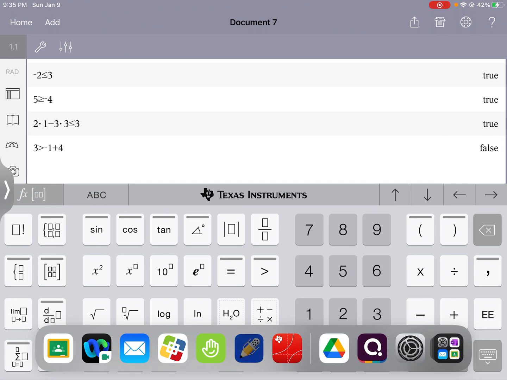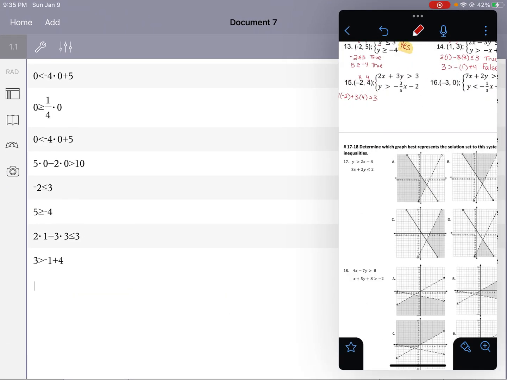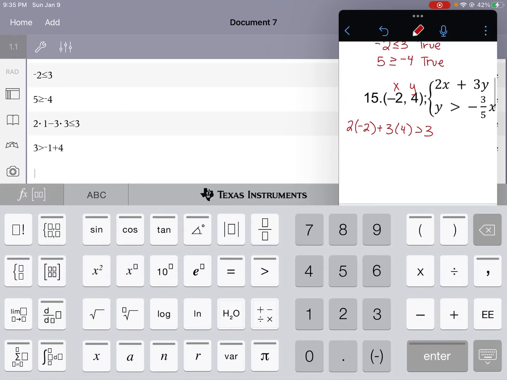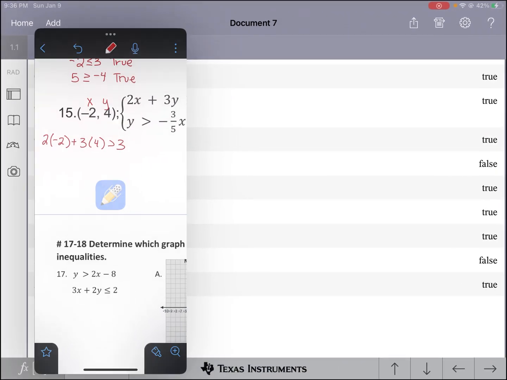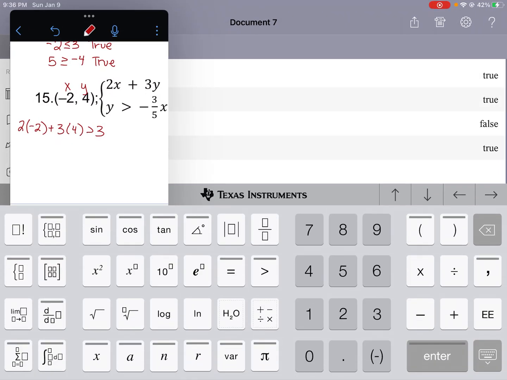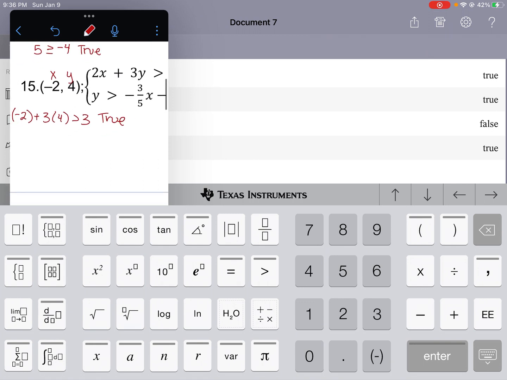Go ahead and put my notes on top so I can see them. Okay, so we had 2 times negative 2 plus 3 times 4 is greater than 3. It says that it is true. I check my second point.